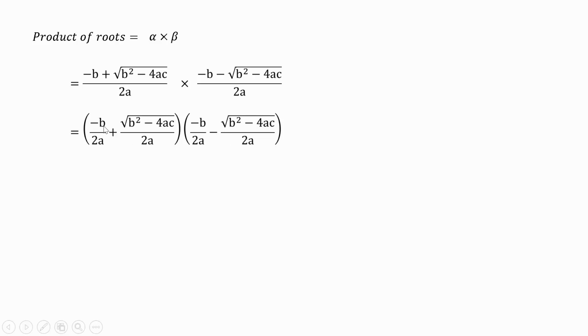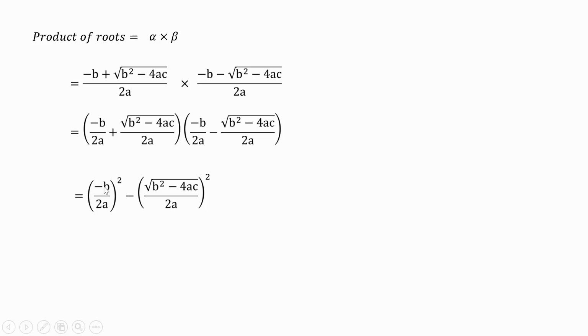Suppose minus b by 2a is equal to x and this term is y. Then it is x plus y into x minus y, and x plus y into x minus y is equal to x square minus y square. Therefore we write the first term squared, minus b by 2a whole square, minus the second term squared, under root of b square minus 4ac by 2a whole square.